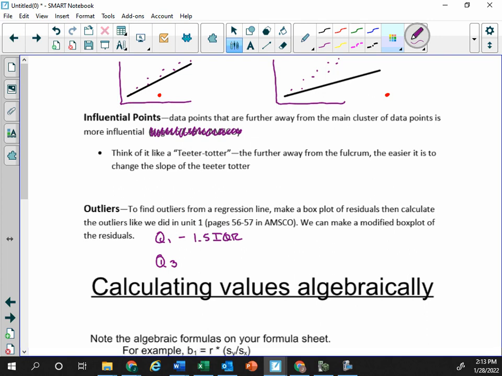And to get the higher one, it's Q3 plus 1.5 IQR. If you remember what a box plot looks like, this is your IQR here, and this is your Q1 and your Q3. So it makes sense to add to the Q3 to find the upper, and to subtract from the Q1 to find the lower. Again, we'll do all the residual stuff on your calculator when we get to an example where we have data values to plug in.